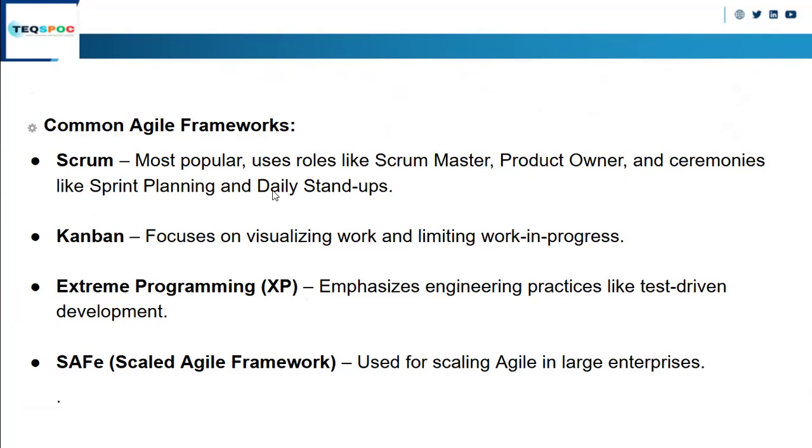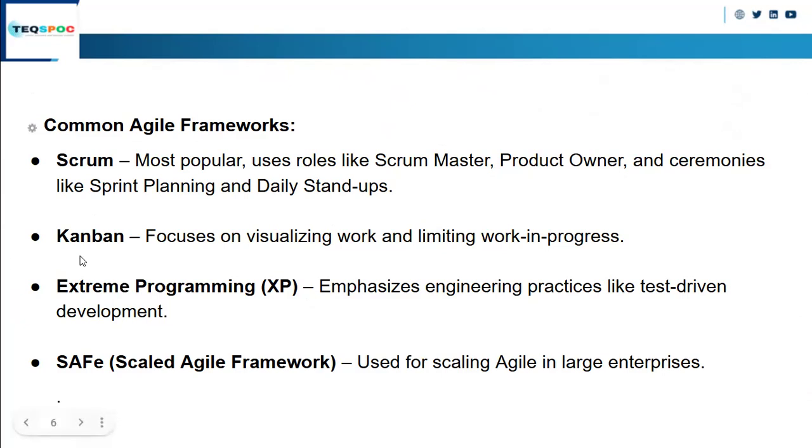Scrum we use for software development where we have predefined goals and the requirements come in a uniform manner. But the Kanban framework we use for IT operations teams, where the tickets and data requirements come in a non-uniform manner.